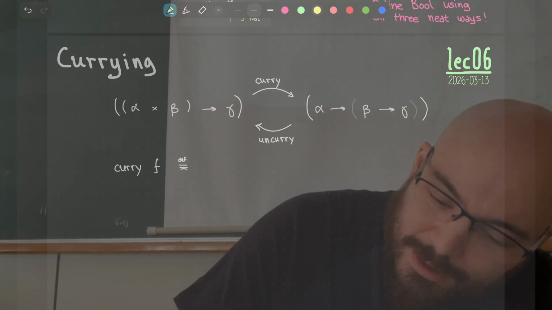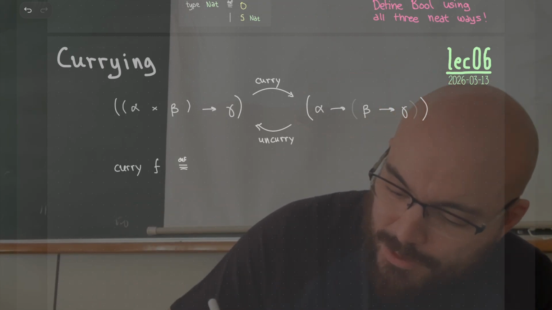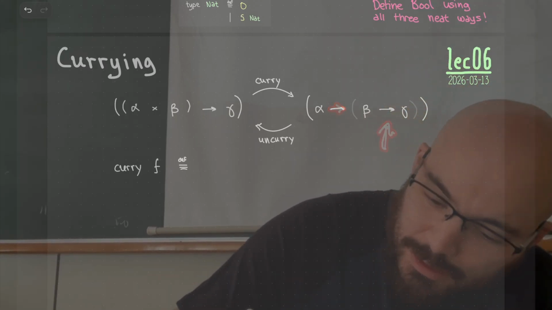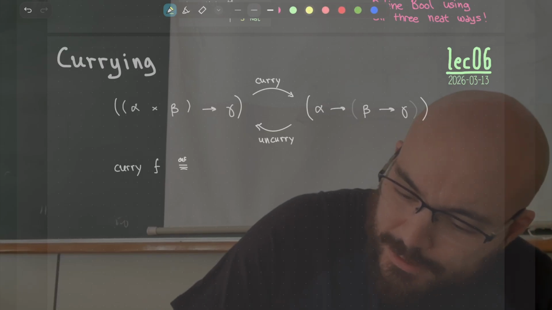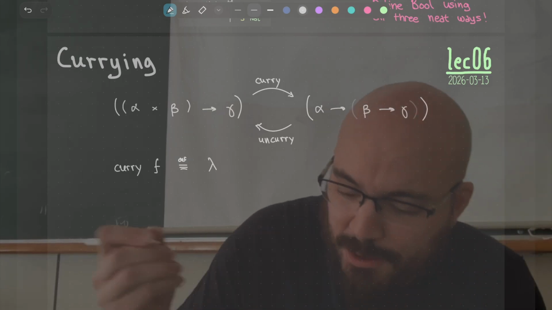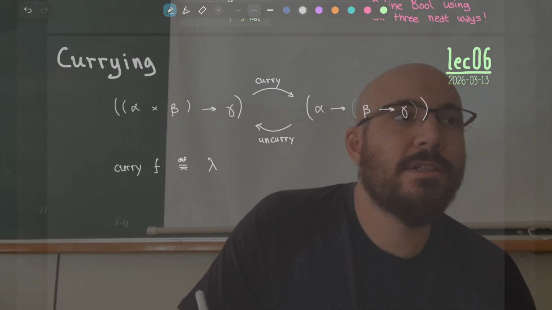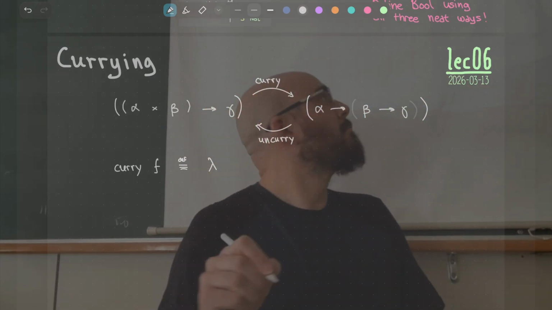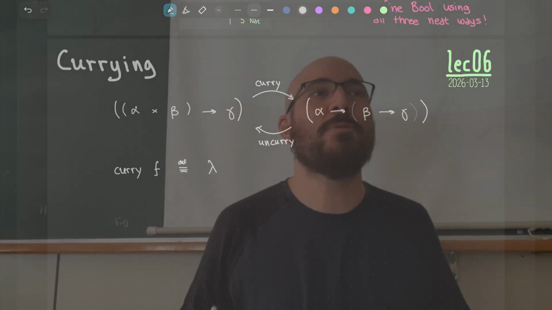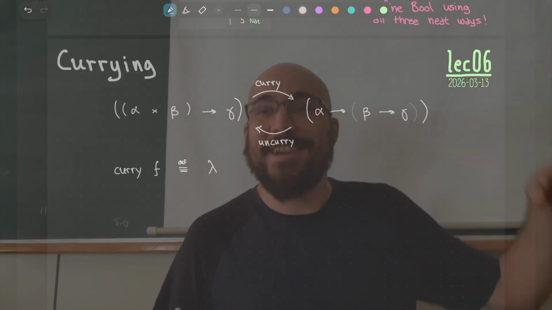Now that I have realized how I produce elements of this type, which is an arrow type, I know how to construct it. It's a lambda. So I will write down lambda of some argument. What is the type of the argument of lambda? The type is alpha, yes, I said the name.